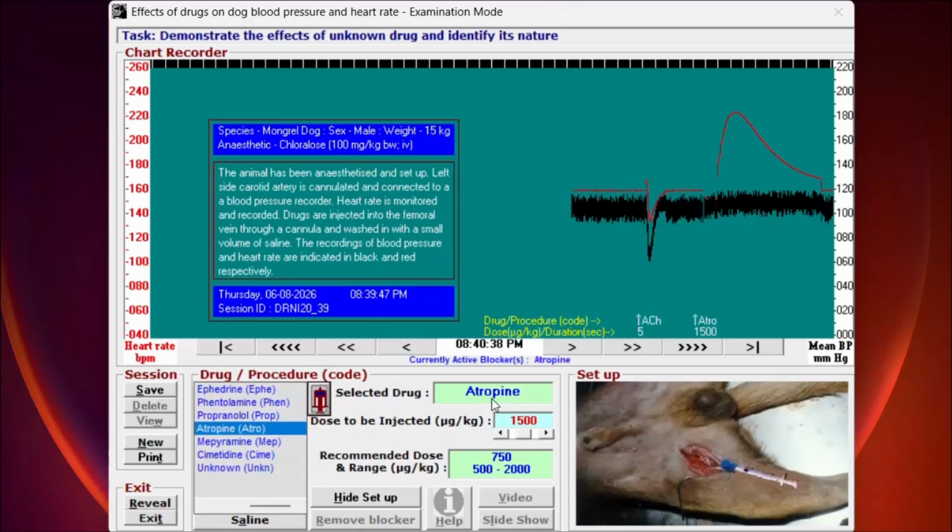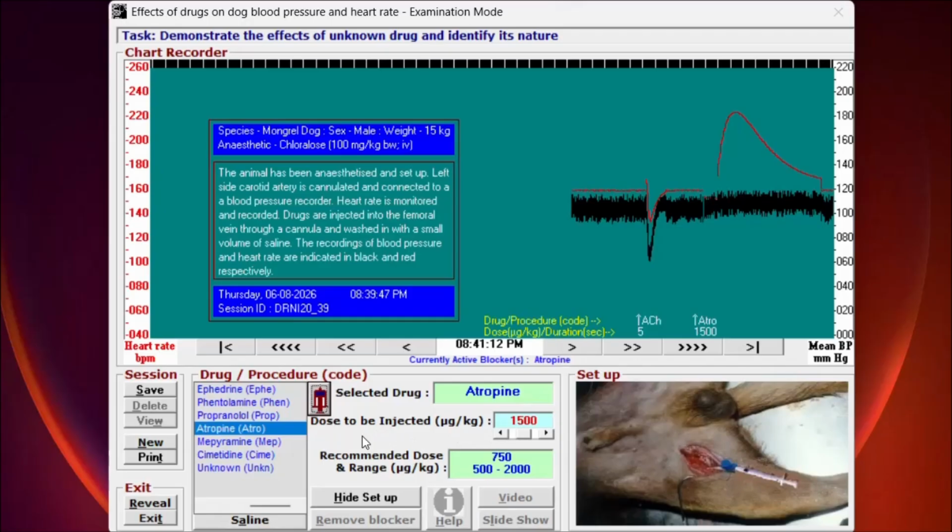ठीक है. What is the purpose of giving this high dose? Because when we are giving this 1500 microgram per kg, it is going to block all the peripheral parasympathetic receptors, like all the muscarinic receptors in the peripheries, and that is the reason now when we are going to give increased dose of acetylcholine, it will reach the central nervous system, and then there it is going to act on the neuronal type of nicotinic receptors, leading to increase in release of both epinephrine and norepinephrine, that is basically the catecholamines, which will lead to increase in blood pressure, and that is what we call nicotinic action of acetylcholine, right?